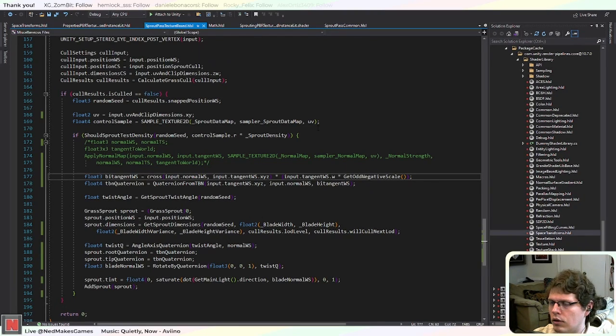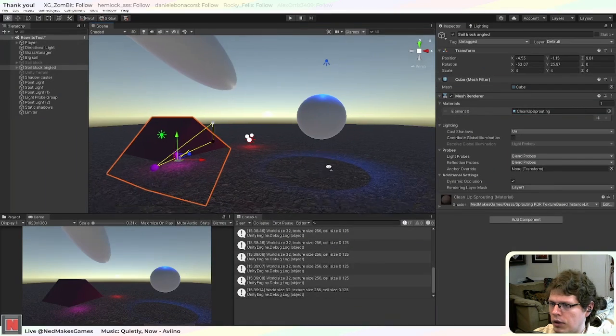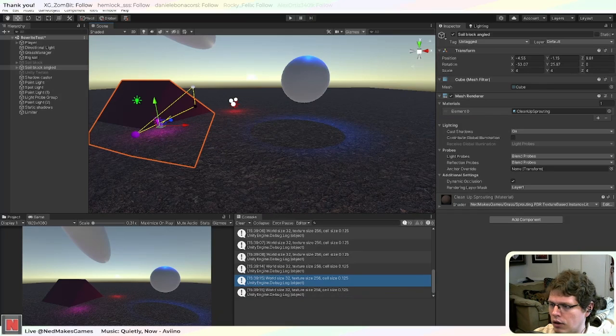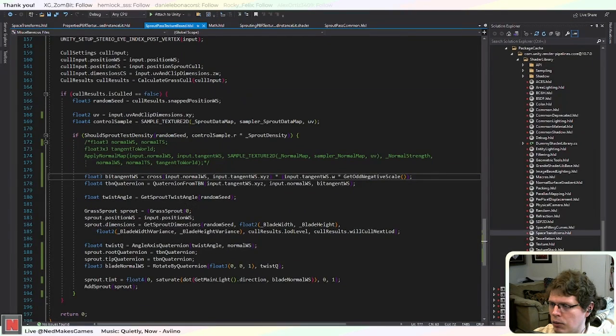Okay, let's think. So for the terrain, the tangent says some vector on here, and then the normal vector is pointing straight up.